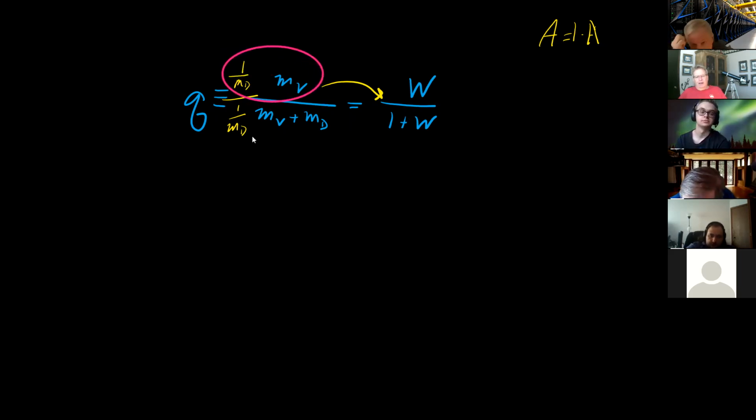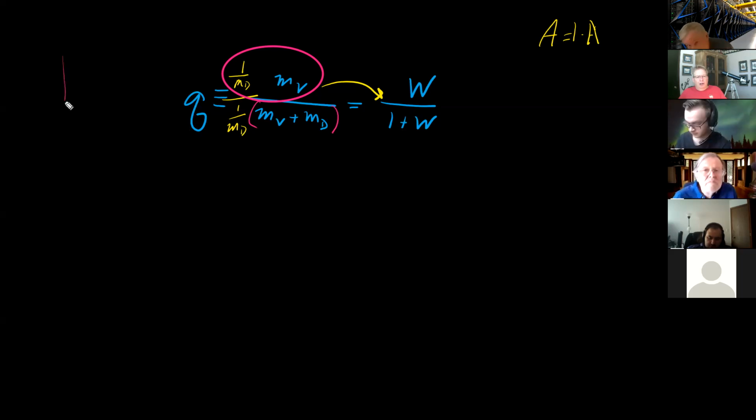And then over here, I multiply it by parentheses. So 1 over md times mv is going to be w, and then 1 over md times md is 1. So this should fall out fairly straightforward, that's how you get this. So it's a little bit different. It's still an exact amount of vapor. It's just relative to something a little bit different.